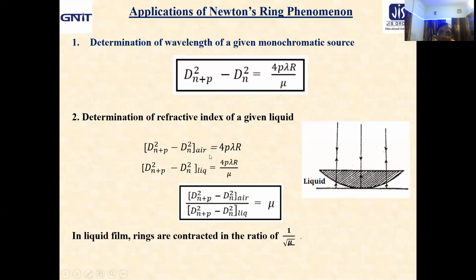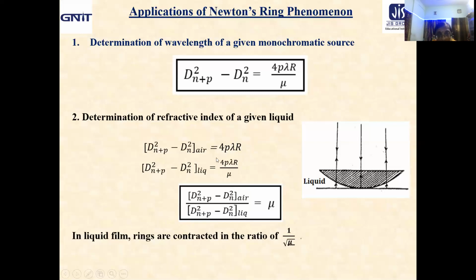What can we write? d5 square minus d2 square, which we can measure using the microscope in air film, equals 4p lambda R. Then p will be 3. Lambda we don't know, it is a monochromatic source, and R we also don't know, because here lambda and R may be given, may not be given.